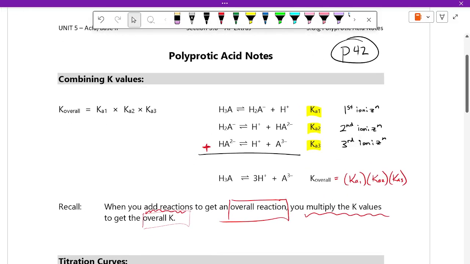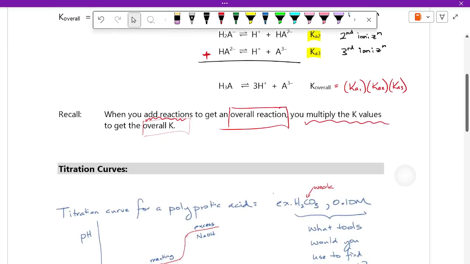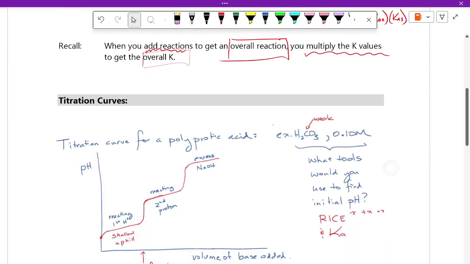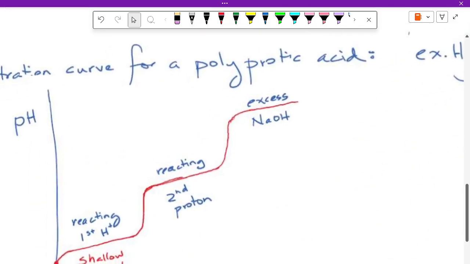And while we're here, we might as well talk about the titration curve for a polyprotic acid. The titration curve for a polyprotic acid basically looks like a regular one, except that instead of having one equivalence point, you have two equivalence points. This would be a diprotic acid.